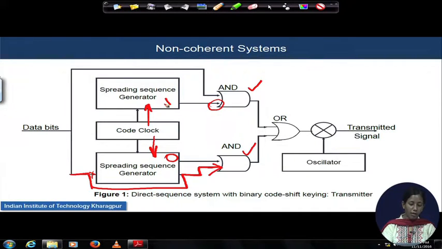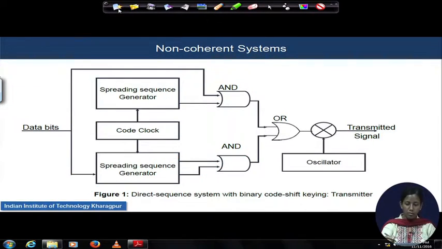The code for 1 and the code for 0 are different, and at a typical symbol either the upper AND gate output will be high or the lower AND gate output will be high, and they are added inside the OR gate, and at a particular instant t, either symbol 1 is getting transmitted or symbol 0 is getting transmitted. This is the structure of the transmitter.